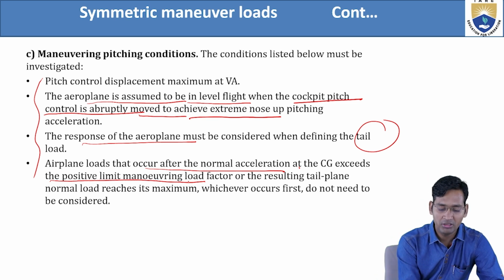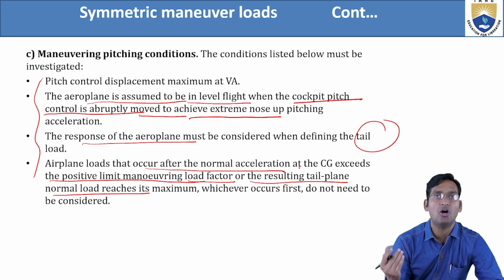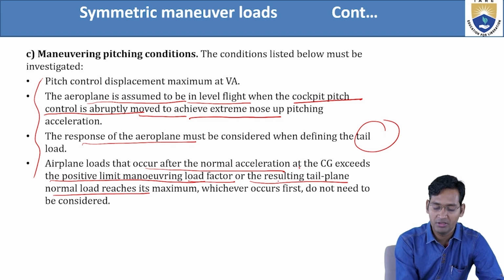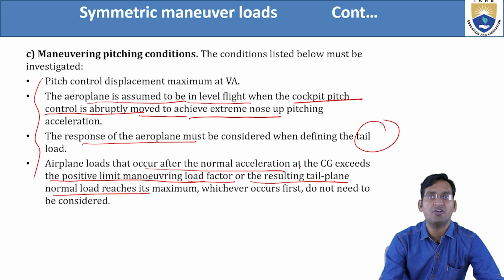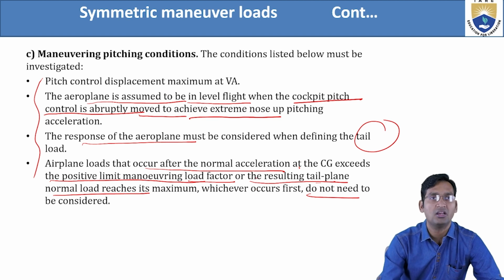Okay, the maneuvering load factor increases, or the resulting tailplane normal load reaches its maximum. So resulting tailplane load reaches its maximum. Whichever occurs first does not need to be considered. Whichever comes first of these two should not be considered. Only the later one will be considered.